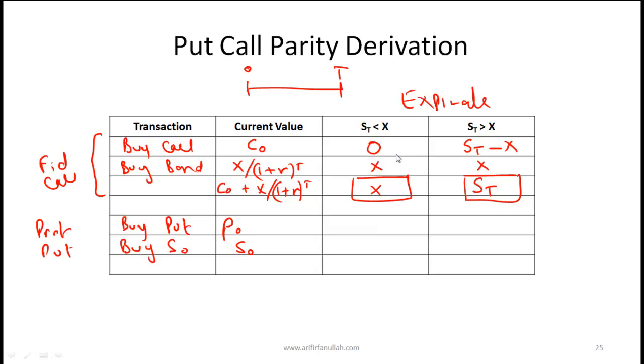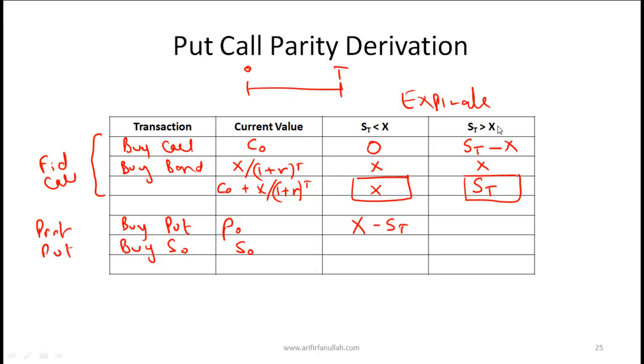At maturity, one scenario is that the stock price at time T will be less than the strike price. In this case, the value of the put option will be X minus ST, so the put option will be in the money. The other scenario is that the stock price is going to be greater than the strike price.